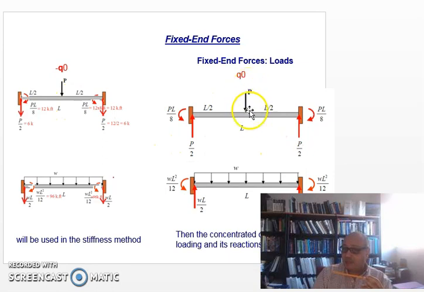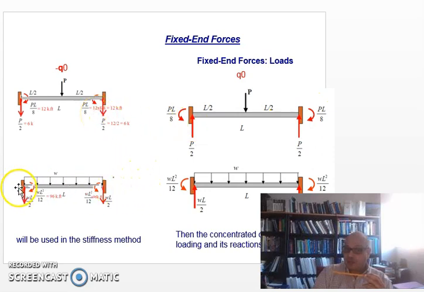That makes sense. If I'm standing right here in the middle of the beam, the support reaction is going to be half of my load, opposite to this gravity load, and the support reaction here is going to be half of my load and opposite to the gravity downward load as well. And the moment or the couple that's produced at the fixed ends is going to be opposite to the one at the left hand side.